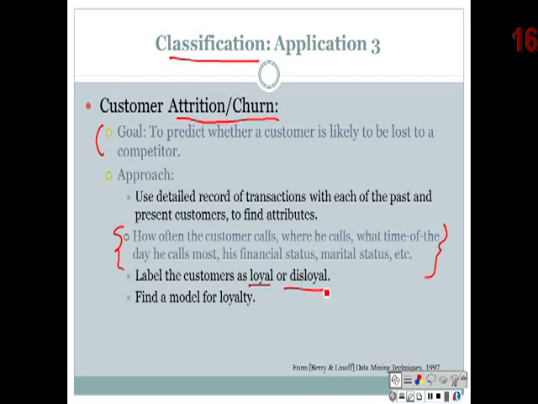So this is the class attribute. We have two types of values. Find the model for loyalty. So they find the model, and accordingly they know which customers are loyal and going to stay with the same company, and maybe they will provide them with some kind of discount if they add another line, and they try to tempt them to keep them in their loop.